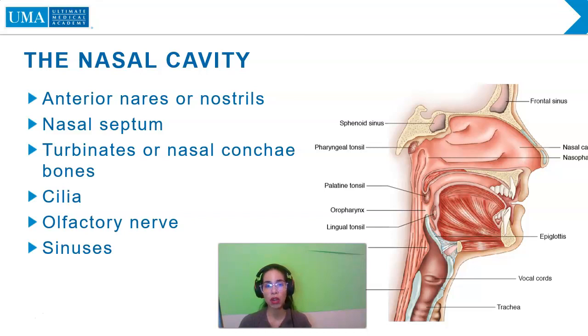On the upper part of the nasal cavity, you also have your olfactory nerves, which provide your sense of smell. Your sinuses are cavities within the skull, which help to lighten the load of your skull. These also contain mucous membranes, which assist in warming the air as it comes in through the nasal cavity.